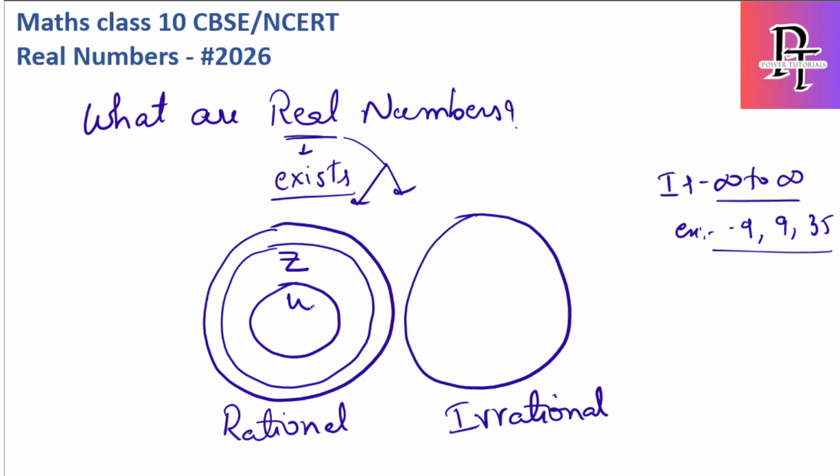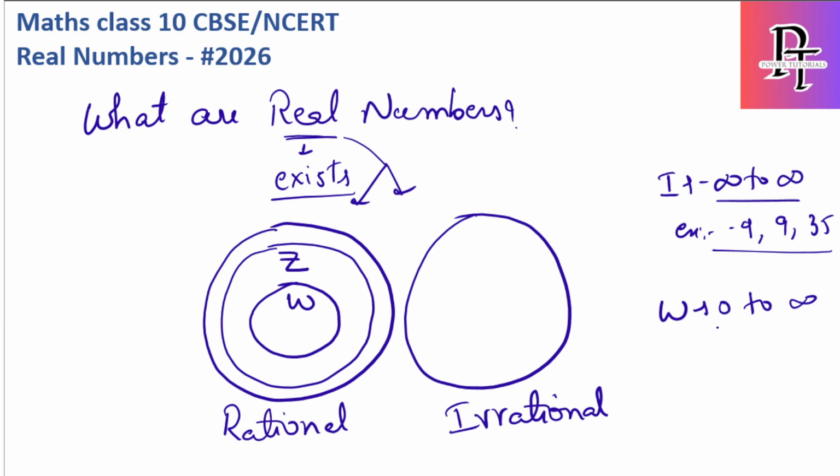So what are whole numbers? Whole numbers are the ones starting from 0 to infinity. They do not have negative numbers. They only have non-negative numbers, starting from 0 to infinity, and 0 is neutral, I can say.